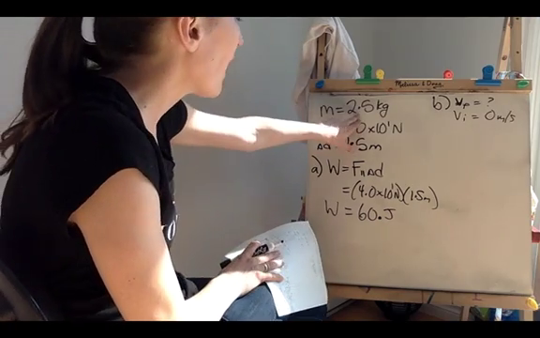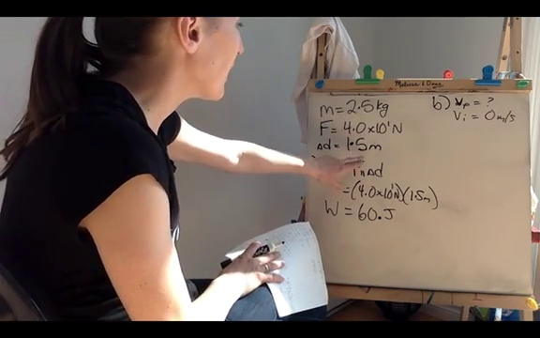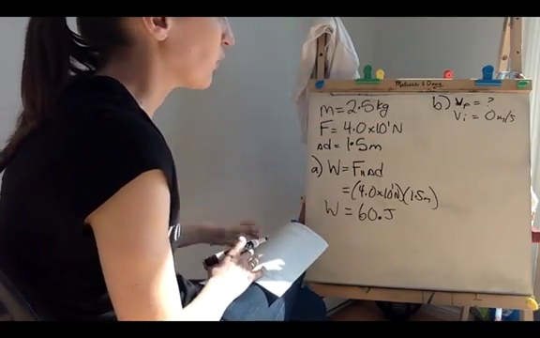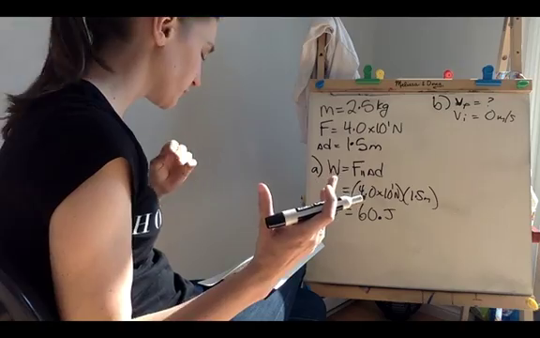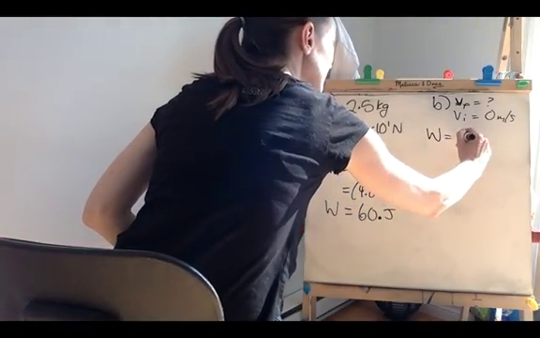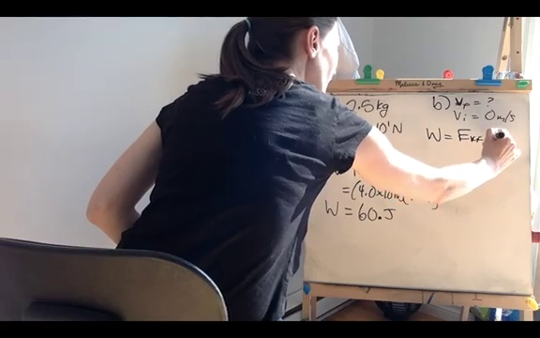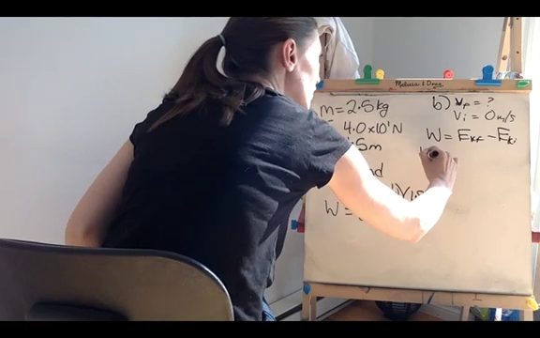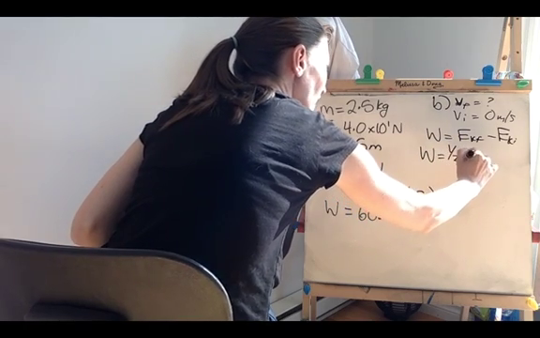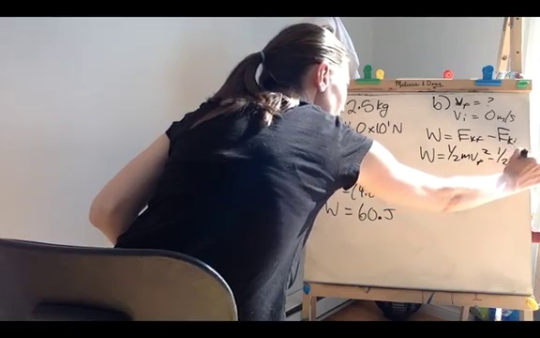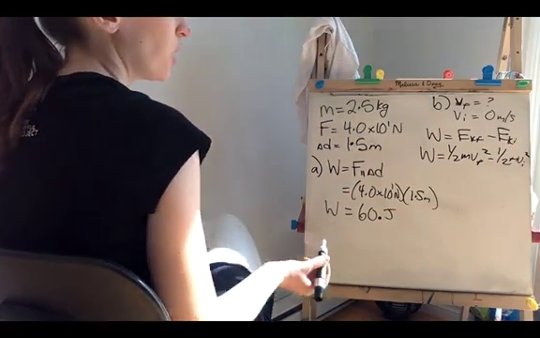Okay, we already have the mass, and we know the velocities. And we actually know the work here, right? So this is where you can combine the work-energy theorem by stating that work is equal to EKF minus EKI, okay? So work is going to equal 1/2 mvf squared minus 1/2 mvi squared.